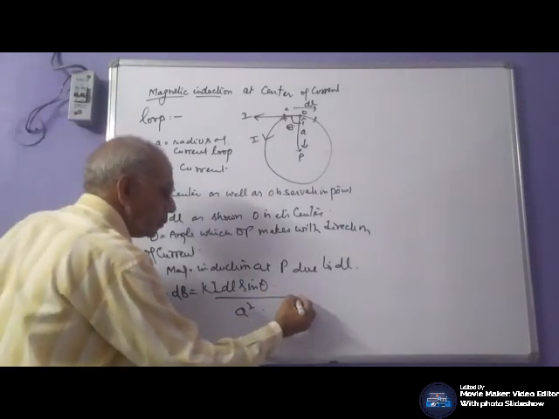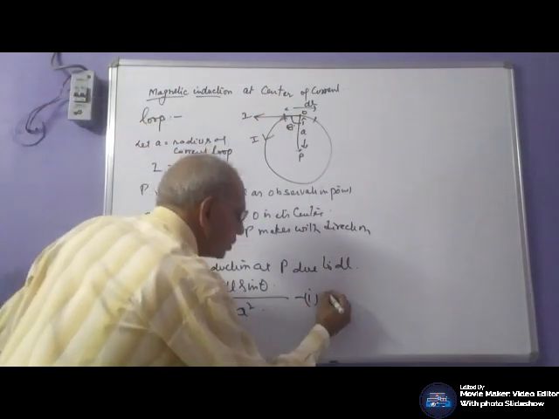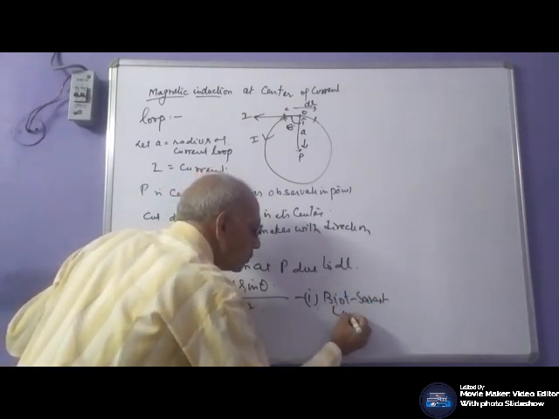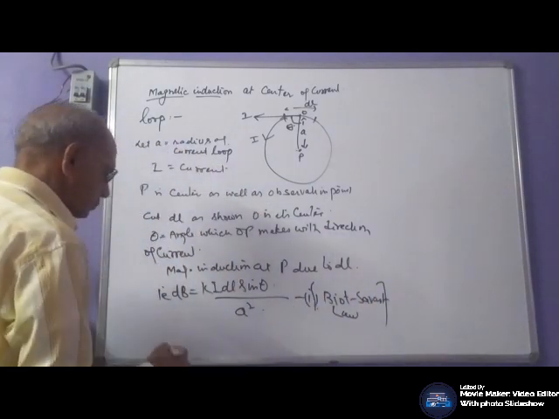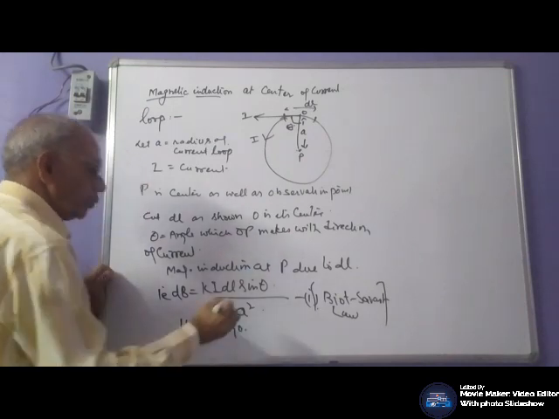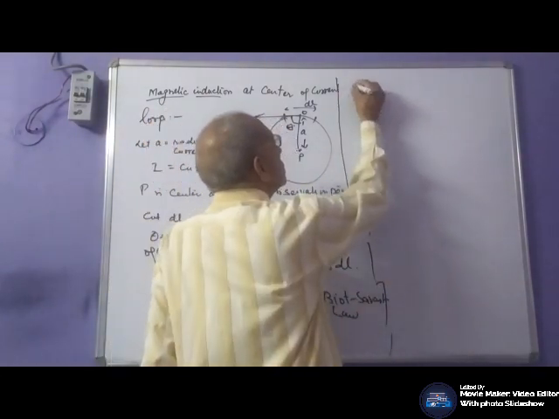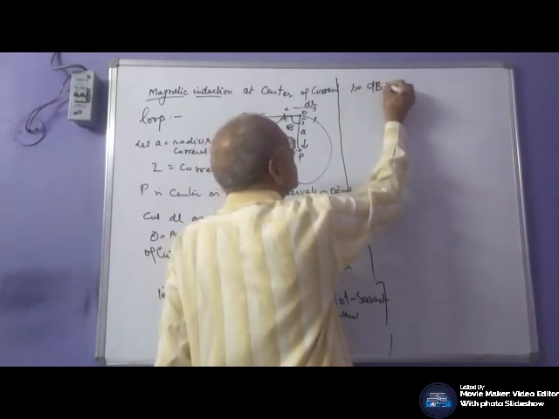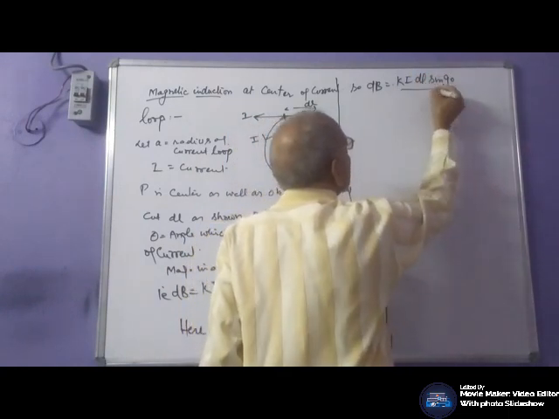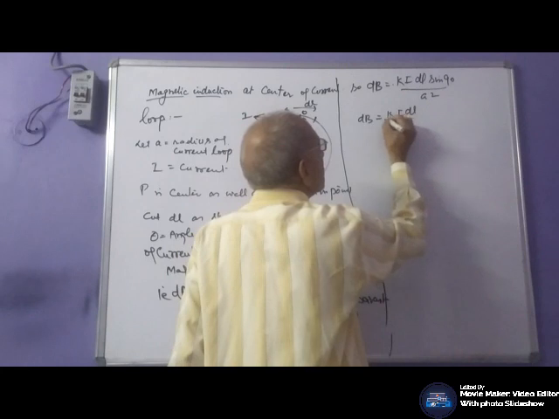Here r is a, the distance. Here theta is 90, so dB becomes K I dl sin 90 by a square, or dB equals K I dl by a square.